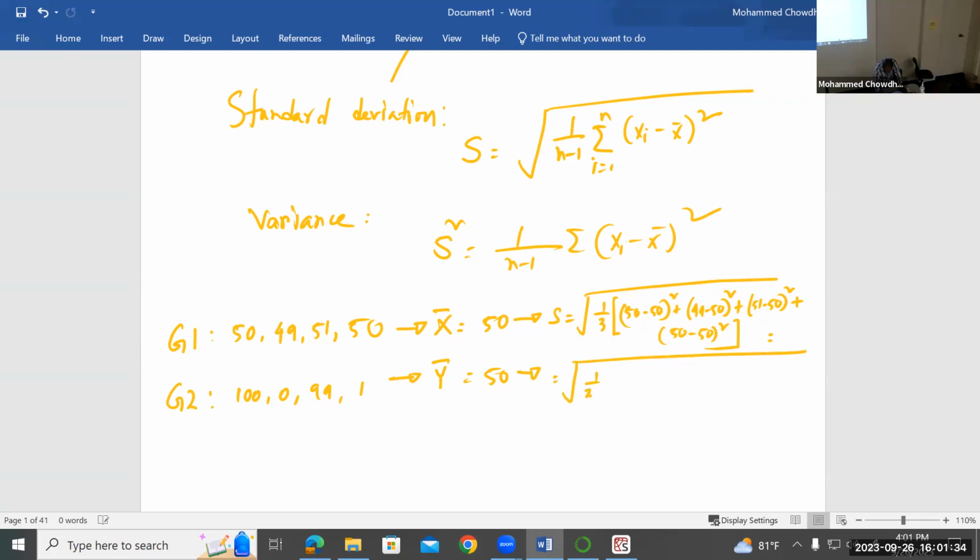On the other hand, for the other group I get (100 minus 50) squared, (0 minus 50) squared, (99 minus 50) squared, and then plus (1 minus 50) squared. Clear? Now if you compute these, you will get the result.